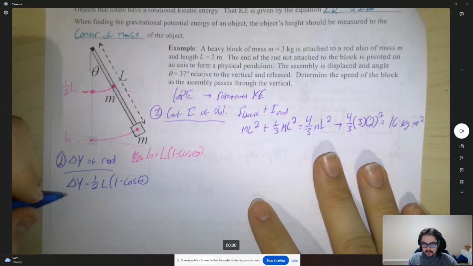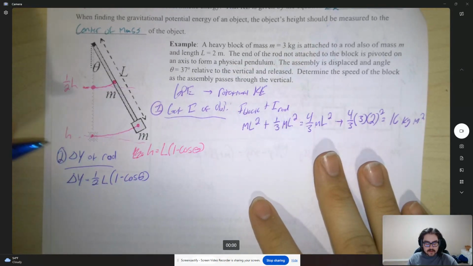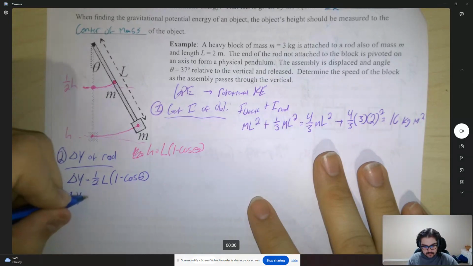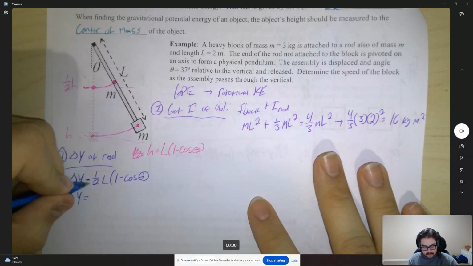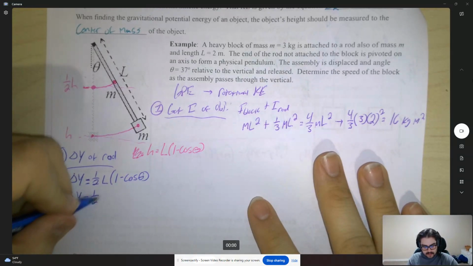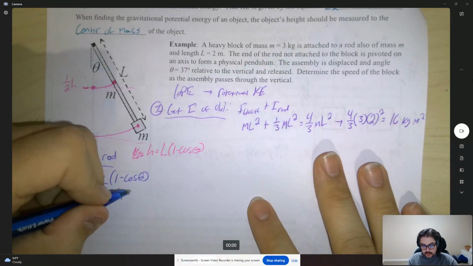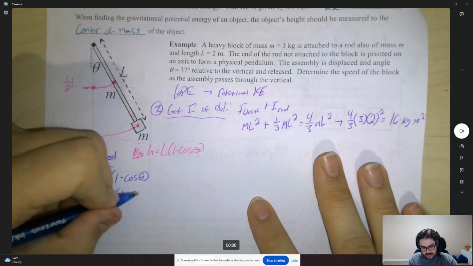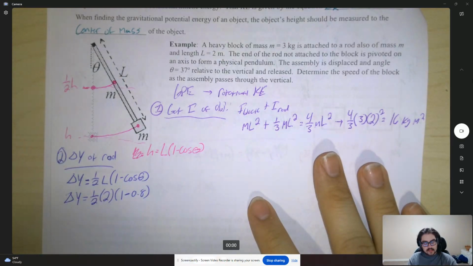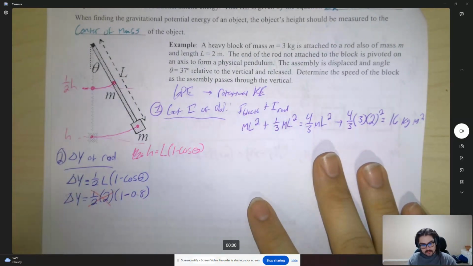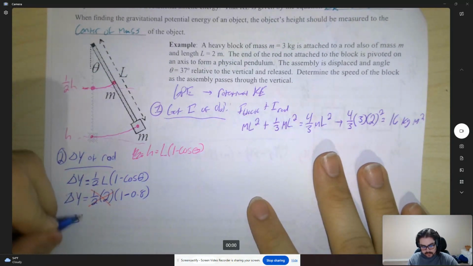Then you'd have to substitute everything in now. You get 1/2, L is 2, and then 1 minus cosine theta, which is 0.8. You should notice that these are going to cancel out, and so you're left with 1 minus 0.8. So delta y is just 0.2 meters.